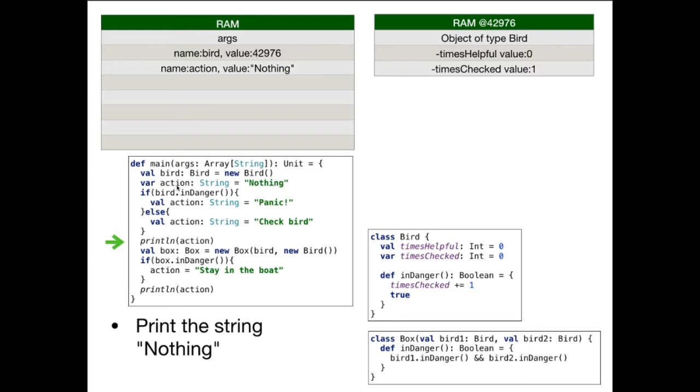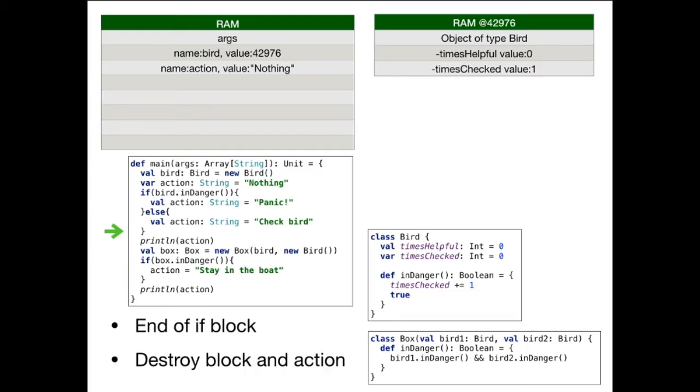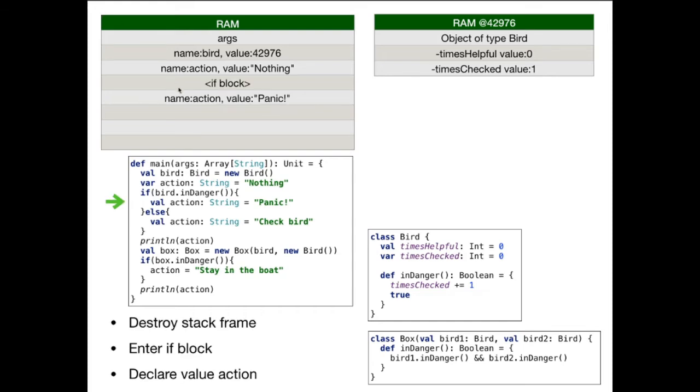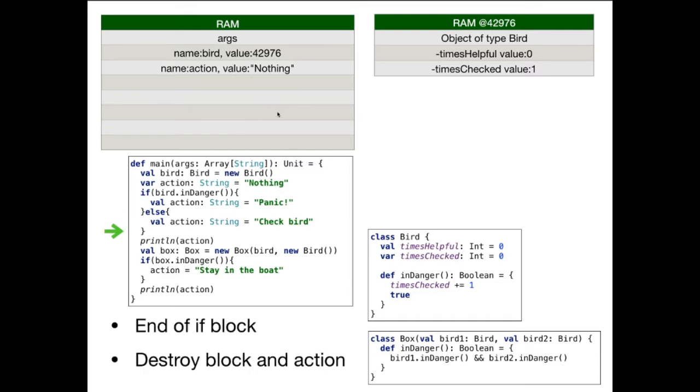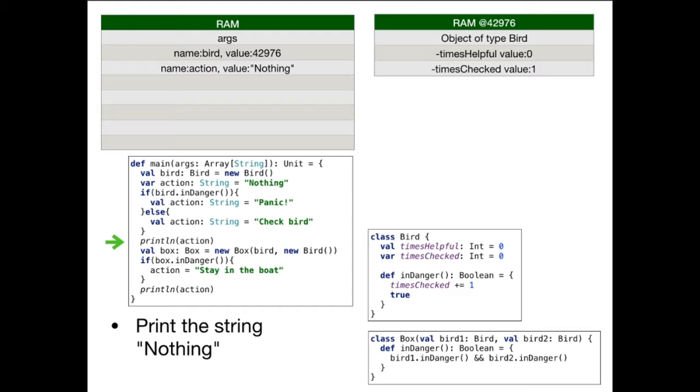Even though it would seem like we assigned action the value panic, that change was made on a different variable named action that was destroyed at the end of that if block, and now we're reverting back to this action, which was never modified. So we print out nothing when we get to that point.